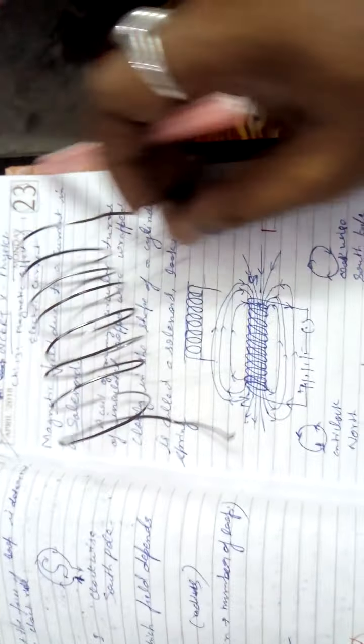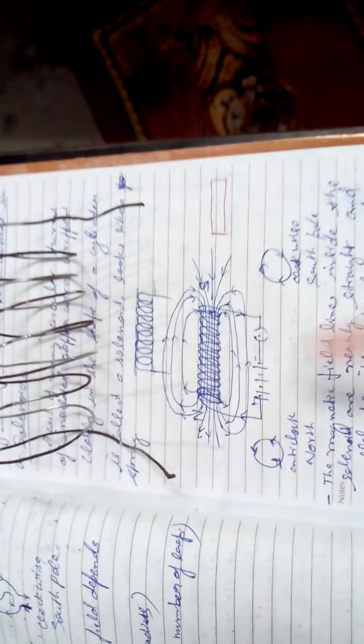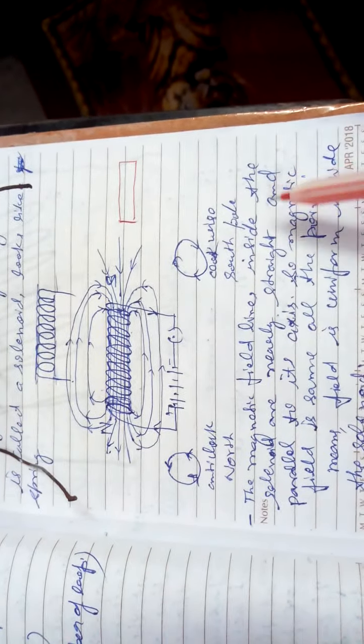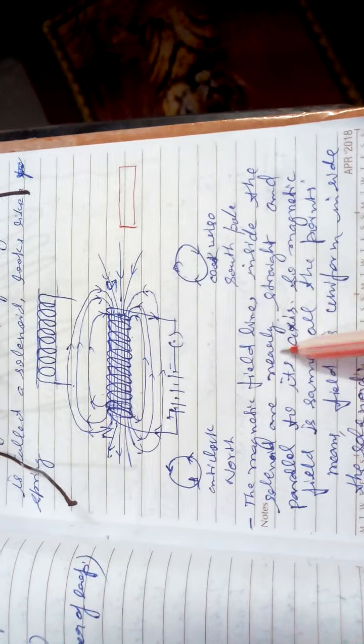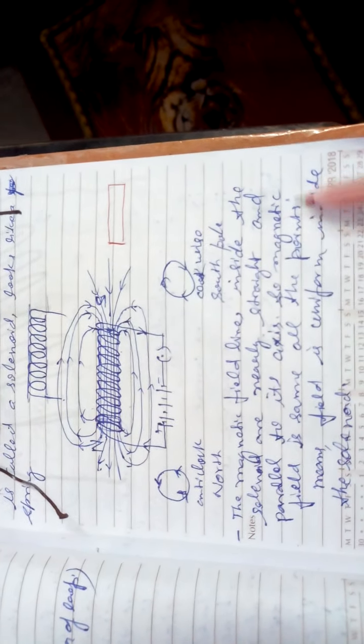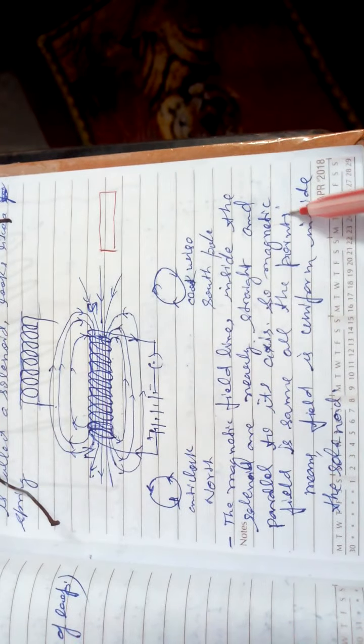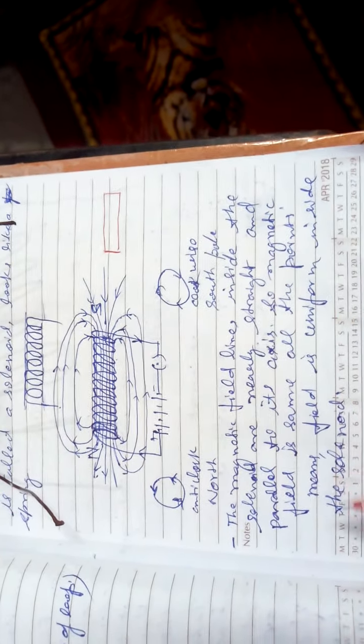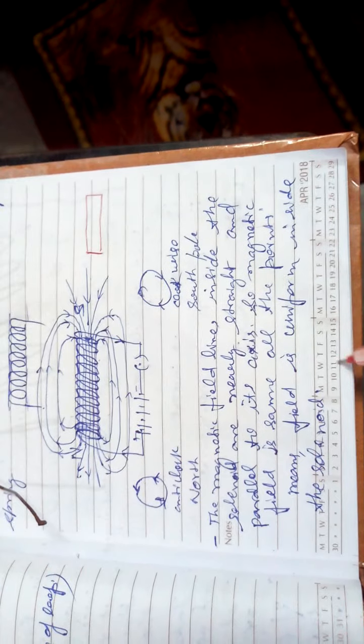These two poles act as a bar magnet. Inside this coil there will be a uniform magnetic field. The magnetic field lines inside the solenoid are nearly straight and parallel to its axis. So the magnetic field is the same at all points, meaning the field is uniform.